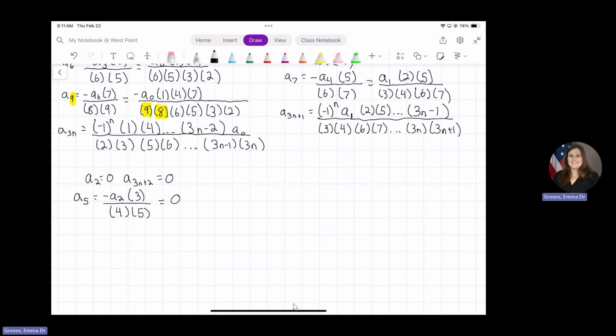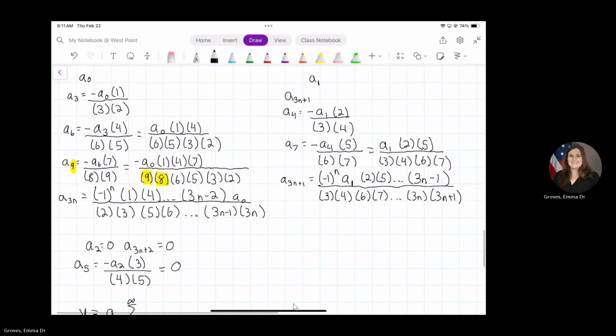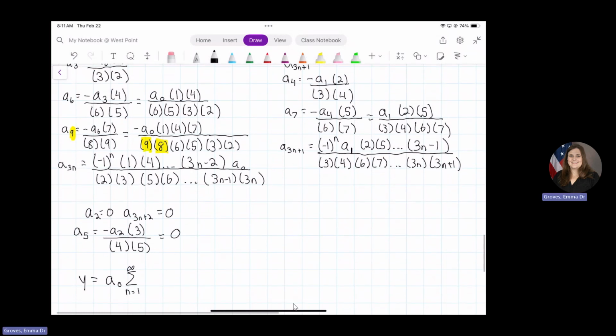So let's see if we can now take our patterns and write a general solution, which we're going to be able to do. So we've got y equals a0 times the sum from n equals 1 to infinity of, hold on, I'm trying to remember if it starts at 1.